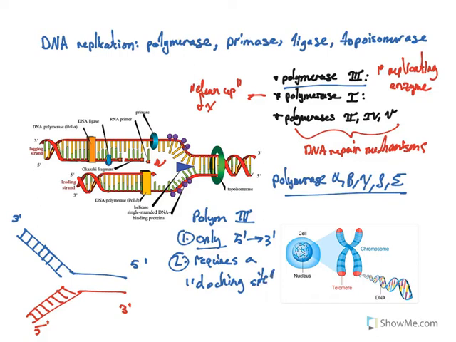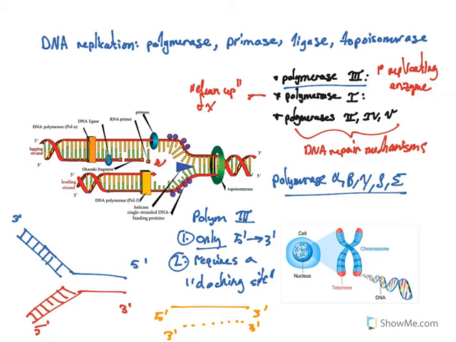And we can make sense of the second stipulation, or the second rule for polymerase activity, by just imagining a strand. I'm going to draw it here in orange. So say this is our 5' end, this is our 3' end, and we want to make a corresponding 5', 3' template for replication.